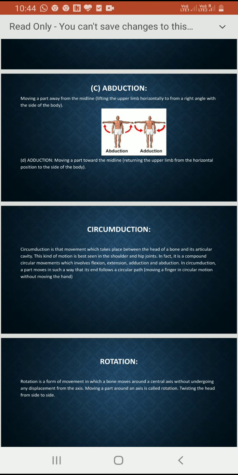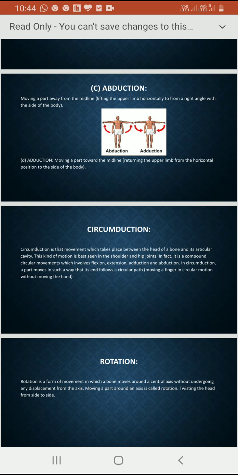Now circumduction. By the name you can understand, circumduction is the movement which takes place between the head of the bone and its articular cavity. This kind of motion is best seen in the shoulder and hip joint.